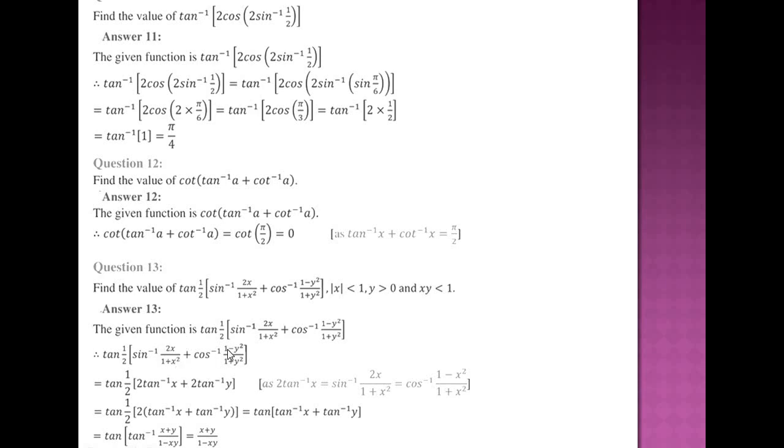So I can take 2 common easily outside the bracket. So that 2 and this 2 will definitely get cancelled. And I can apply the formula of tan inverse of x plus tan inverse of y. What is that formula? Tan inverse of x plus y upon 1 minus xy. And this tan and this tan inverse will nullify each other. And I am left with x plus y upon 1 minus xy.